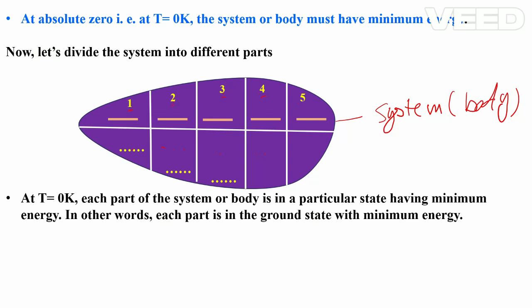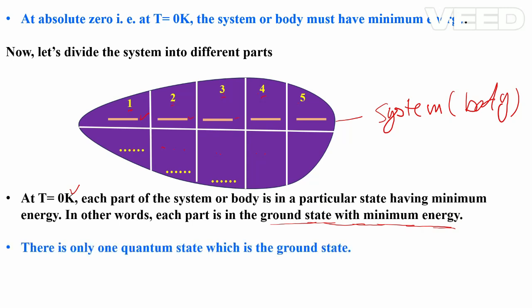Now at 0 Kelvin, each part of the system is in a particular state having minimum energy. In other words, each part is in the ground state. Ground state is the state of minimum energy, and this is the ground state of part 1, this is the ground state of part 2, 3, and so on.